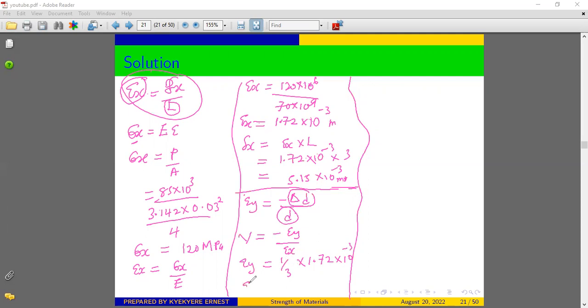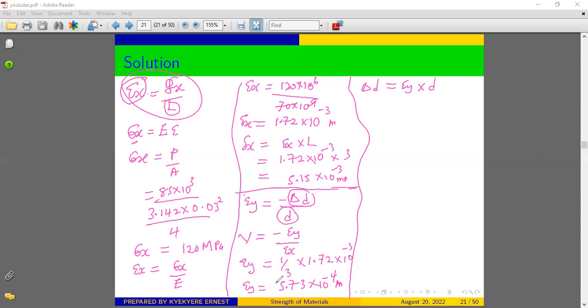So from here, our strain in the y-axis is going to be 5.73 times 10 to the power negative 4. So if we have gotten the strain in the y, then we can calculate our change in diameter. Our change in diameter will be equal to the strain in the y-axis times the original diameter.